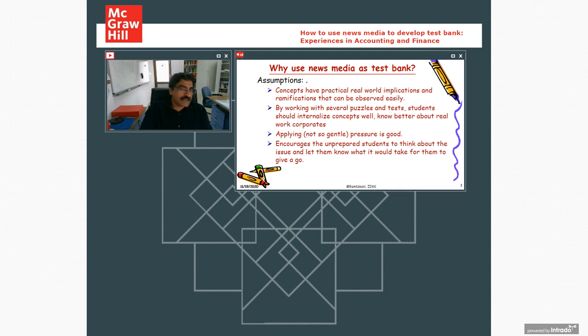It also encourages the unprepared students, who have not yet touched the books, to look into the issue and understand why they are unable to answer these things. Either their conceptual clarity is not there, they have never touched the book, nor attended the classes attentively.